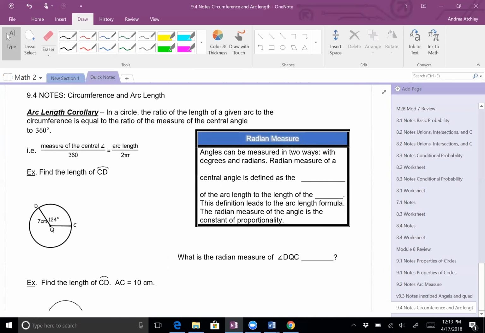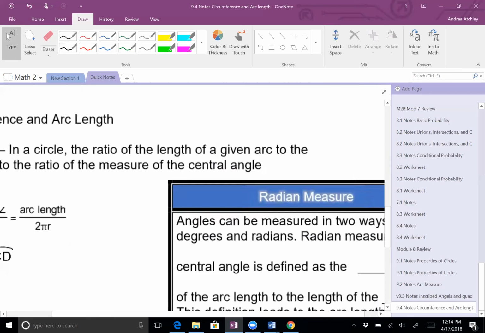Okay, so in a circle, the ratio of the length of a given arc to the circumference is equal to the ratio of the measure of the central angle to 360 degrees. So whatever part of the circle we're given, it's proportional to the degrees. Does that make sense? So you don't have to write this down, but I'm just going to go over this.